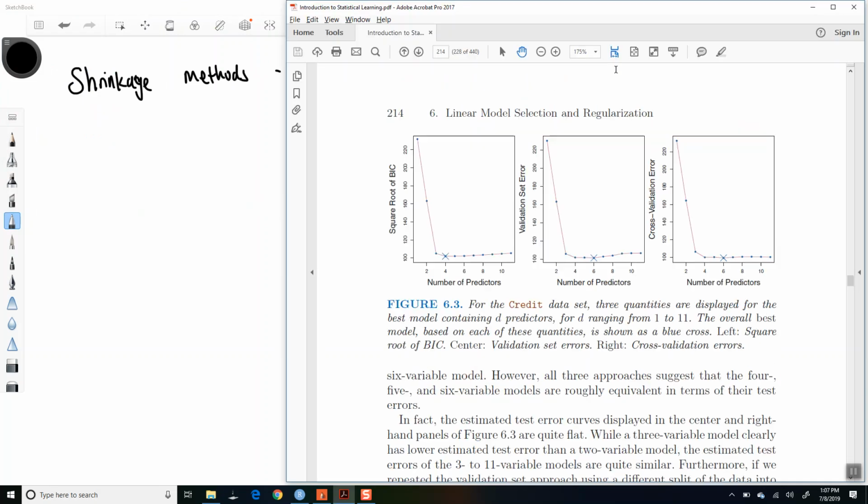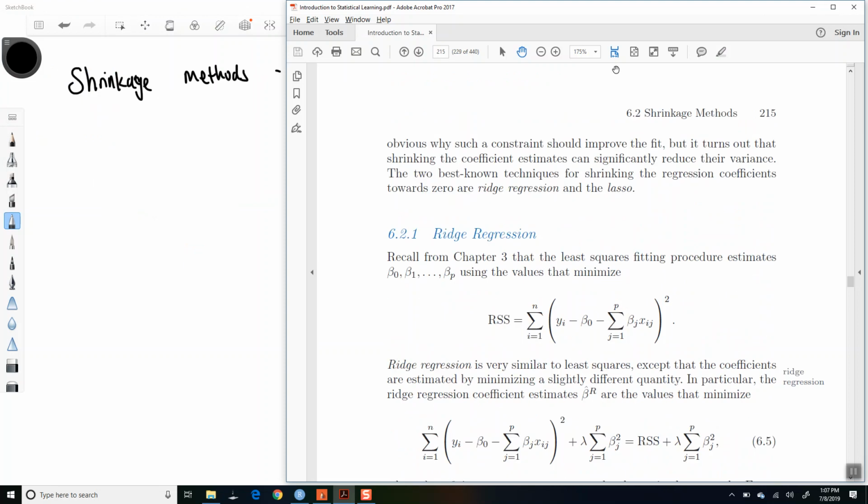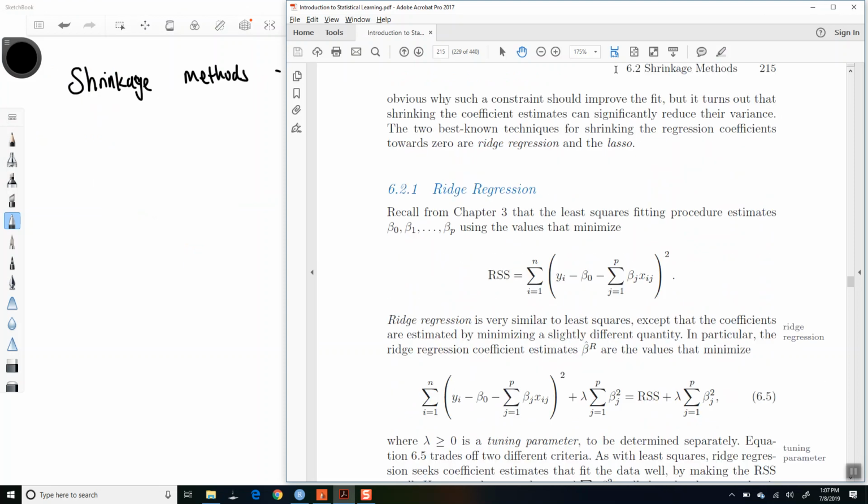Earlier, when we did subset selection, we used least squares estimates. We said, I'm going to use this subset of variables, and with this subset of variables, I'm going to use the least squares criterion to pick the parameters.